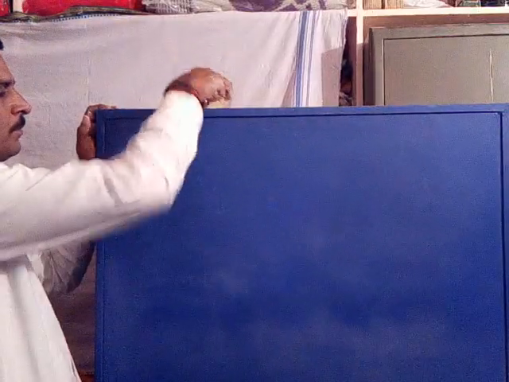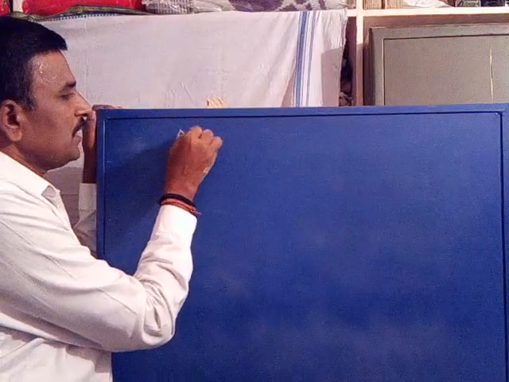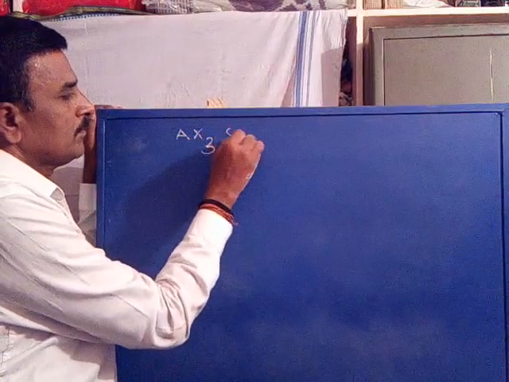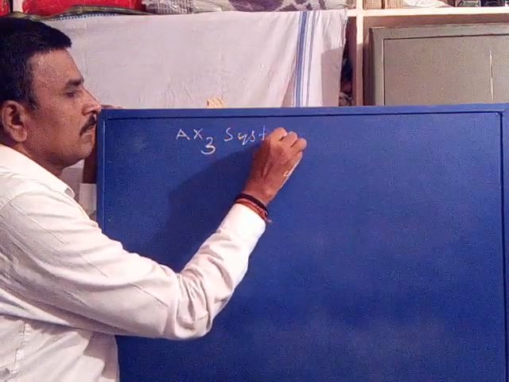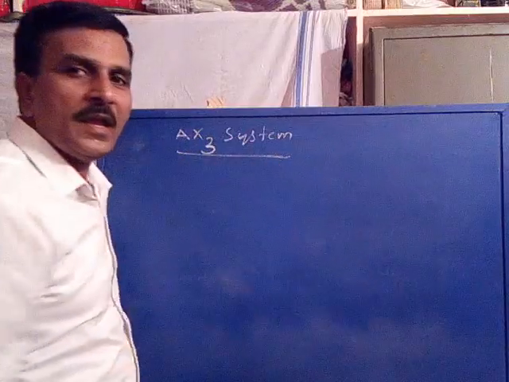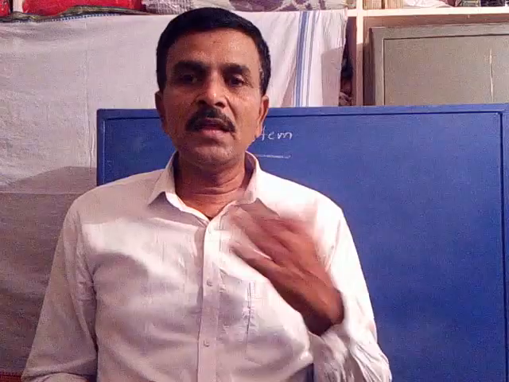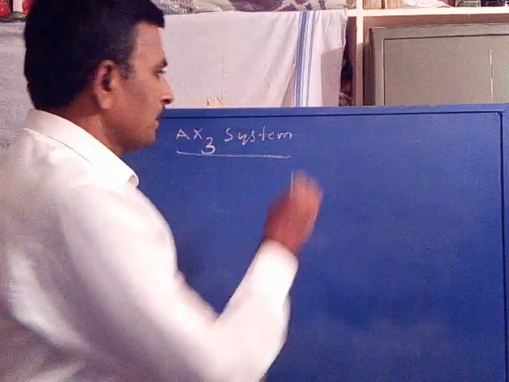Now coming to the third example, the AX3 system. Now what is an AX3 system? Any molecule consisting of two non-equivalent sets of protons in the ratio of 1:3.